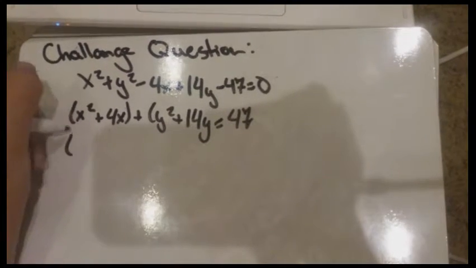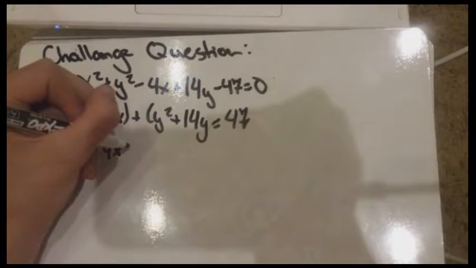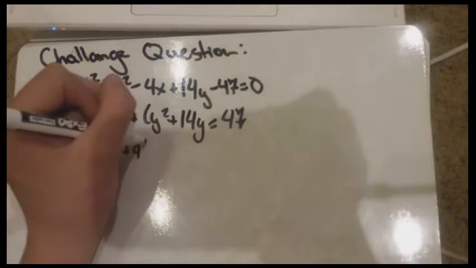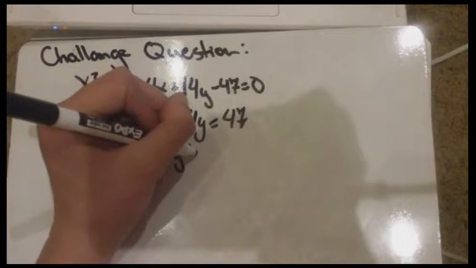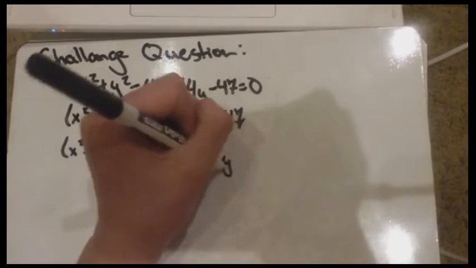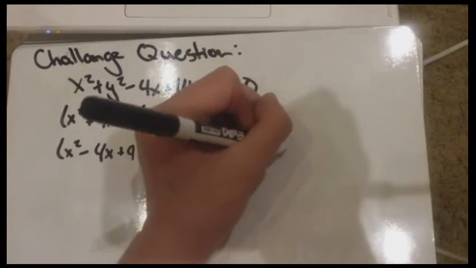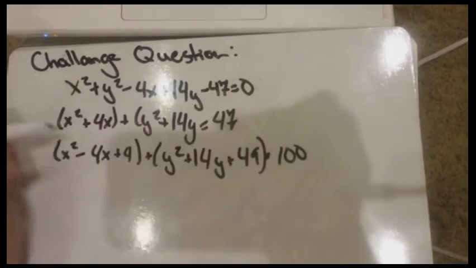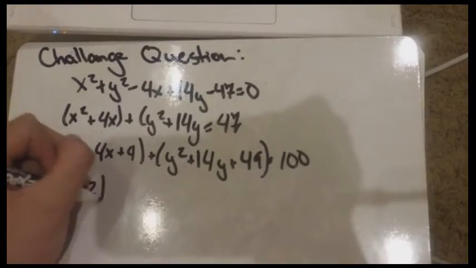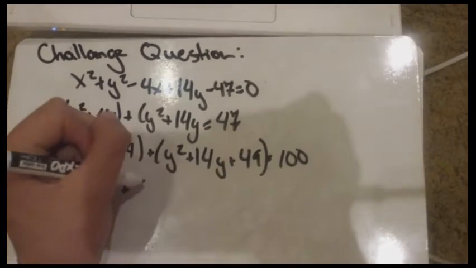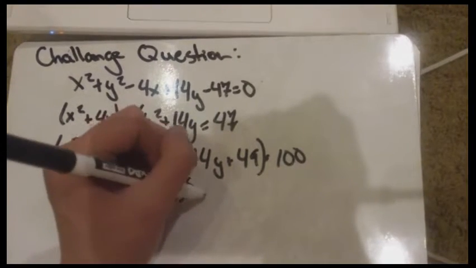The next step is you're going to do x squared minus 4x plus 4, then y squared plus 14y plus 49, and this will equal 100. Next you're going to factor, so it'll be (x minus 2) squared, then (y plus 7) squared equals 100.